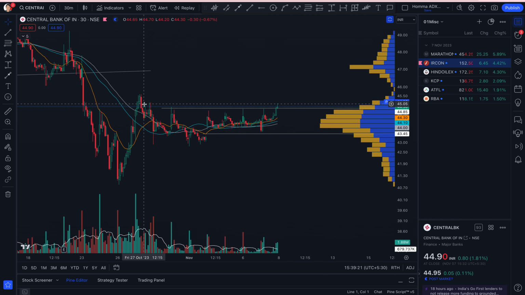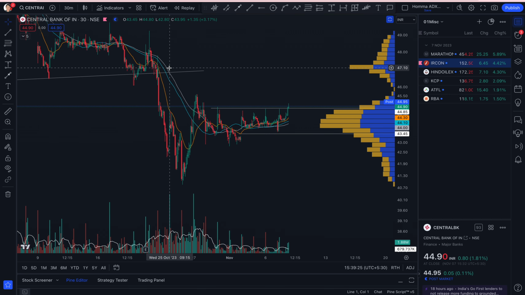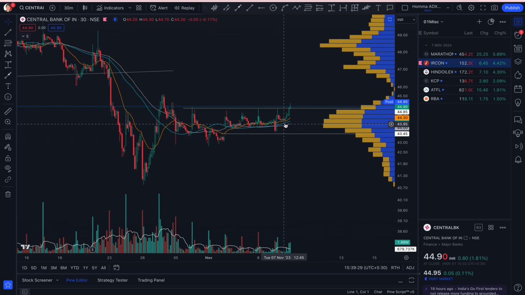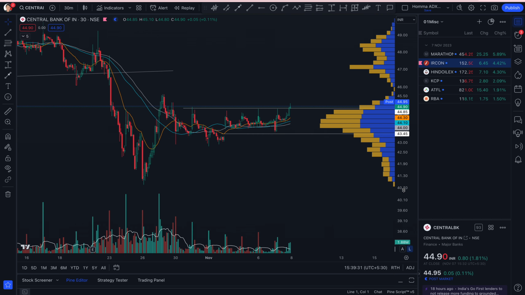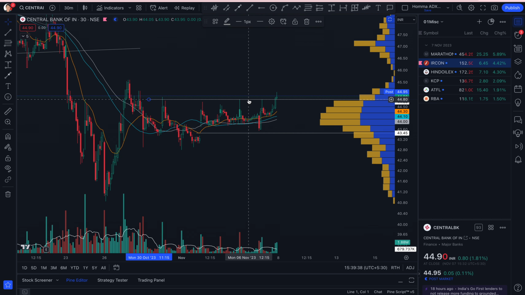During this time, the moving averages, which were on a downtrend, flattened, and at the right side of the base, they have now started to point up. So 44.9-ish was my pivot point, in the sense that you could see that there were a lot of highs around this area.